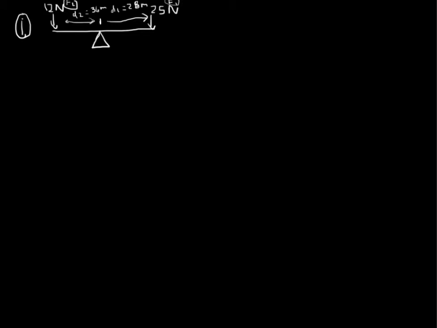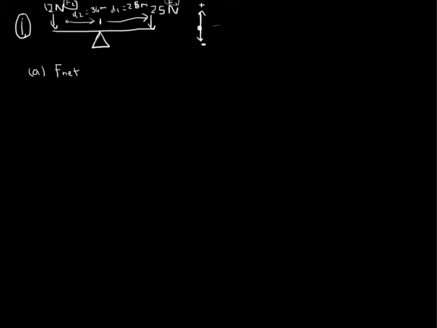Okay, so the first thing we gotta do is let's balance the forces. So the net force, since there's no horizontal forces going left and right, we'll just stick with the vertical. All the forces going up are going to be positive, all the forces going down are going to be negative.